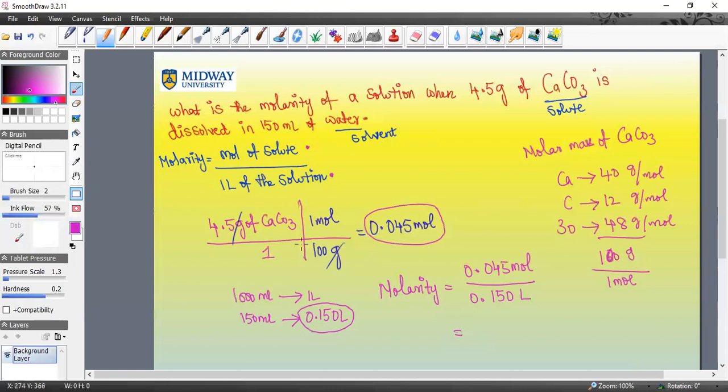So it's 0.3 moles per liter. You can write it as 0.3 moles per liter or 0.3 molar. Both are correct. This will not help you much in calculations because you would always be using moles per liter; the molar form is just for fancy. If you just want to say it's 0.3 molar, then you say it's 0.3 molar.